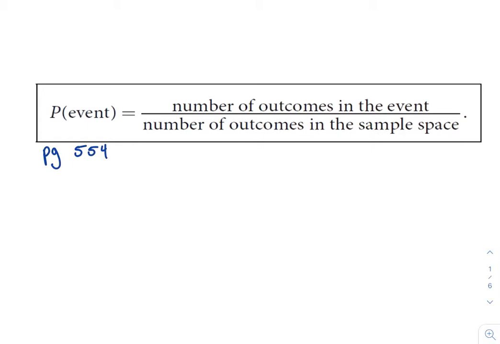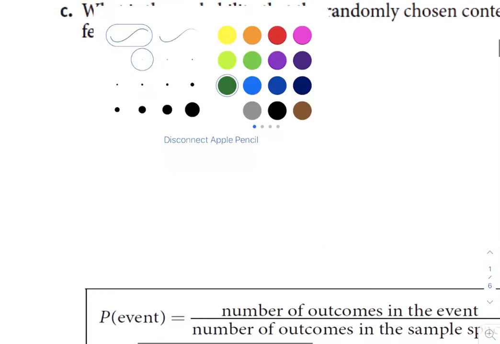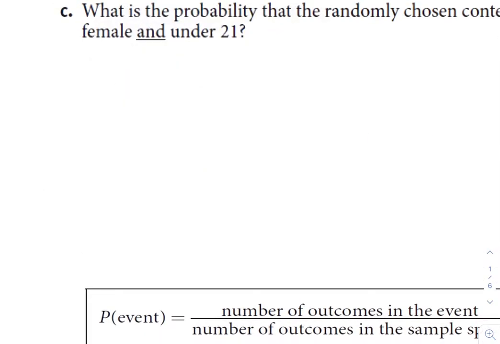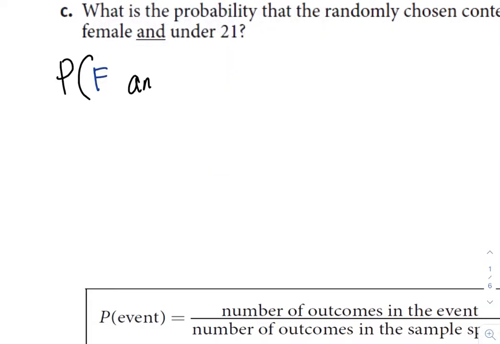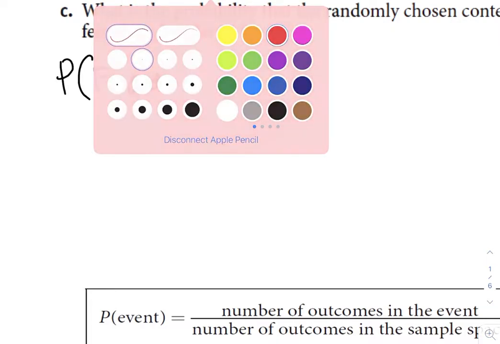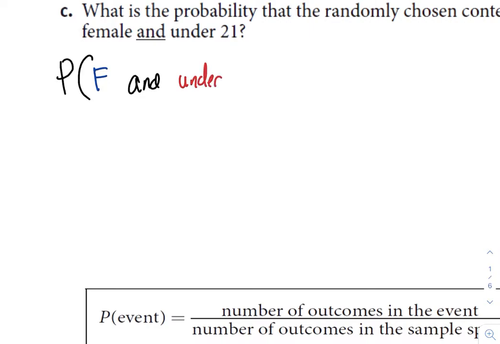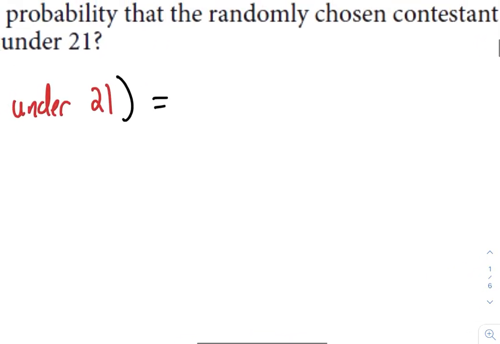So in order to find this probability, I'm going to make a fraction of number of outcomes in the event divided by number of outcomes in the sample space. So that's just the generic situation, so let's do it specific to this problem. In this case, I want to find the probability that they are both female and under 21. And so we're finding the probability of both of those things. And the way we're going to do that is we're going to make a fraction.